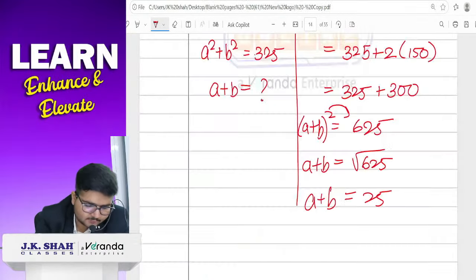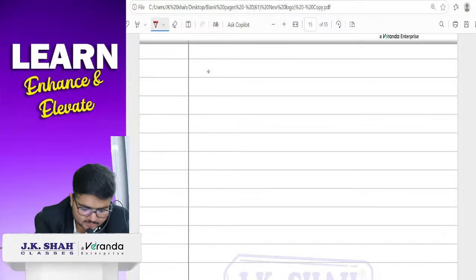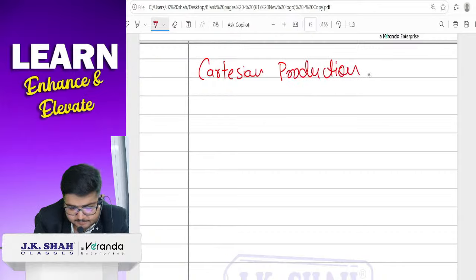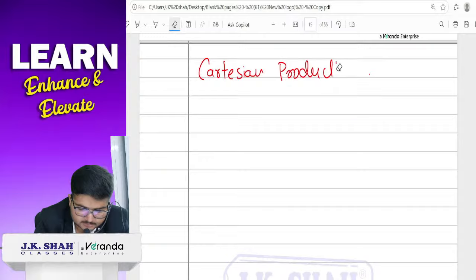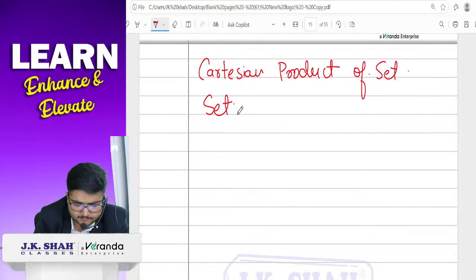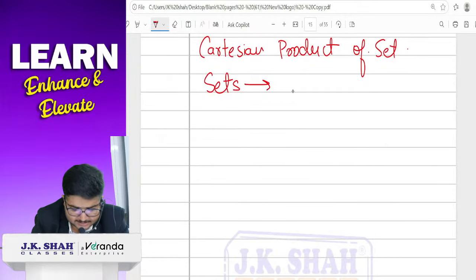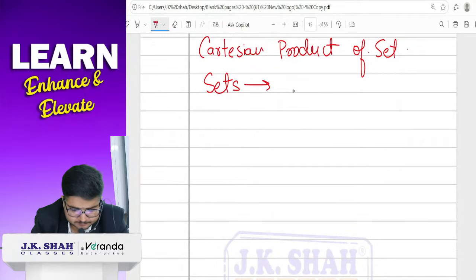So now let us move forward to the last concept of this chapter, that is called Cartesian product of sets. For that you have to understand what are sets. There are many sets in maths, for example, set of natural numbers.